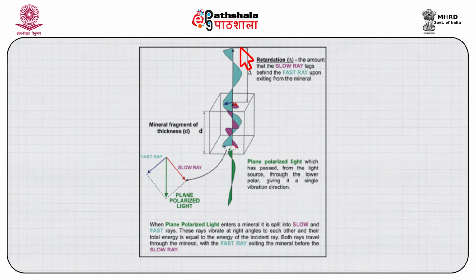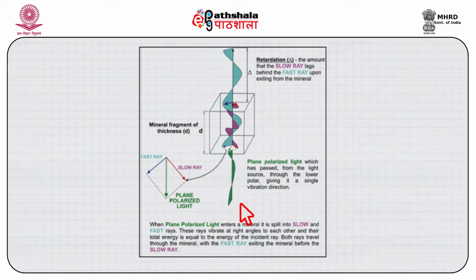When this light reaches the upper polar, a component of each ray is resolved into the vibration direction of the upper polar. As the two rays are in phase and at right angles to each other, the resolved components are in opposite directions and destructively interfere, resulting in cancellation of each other. For this, we will see no light passing through the upper polar, and the mineral grain which we are observing will appear black.